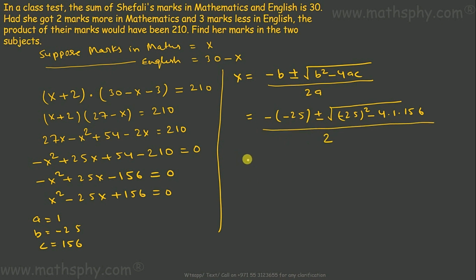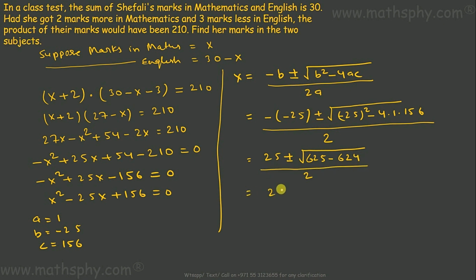A is 1 here. So this would be 25 ± √(625 − 4 × 1 × 156). 156 into 4 would be 624, over 2.